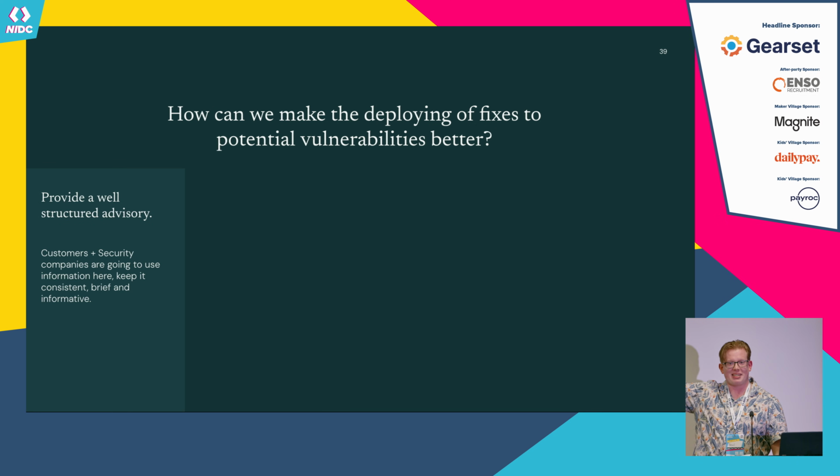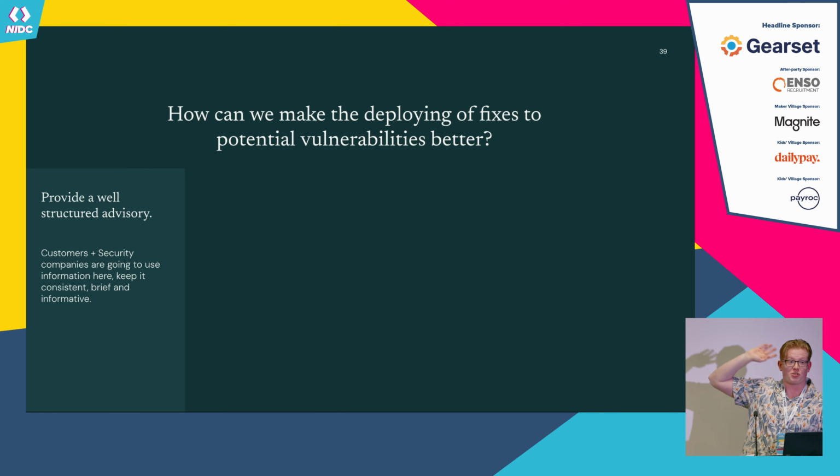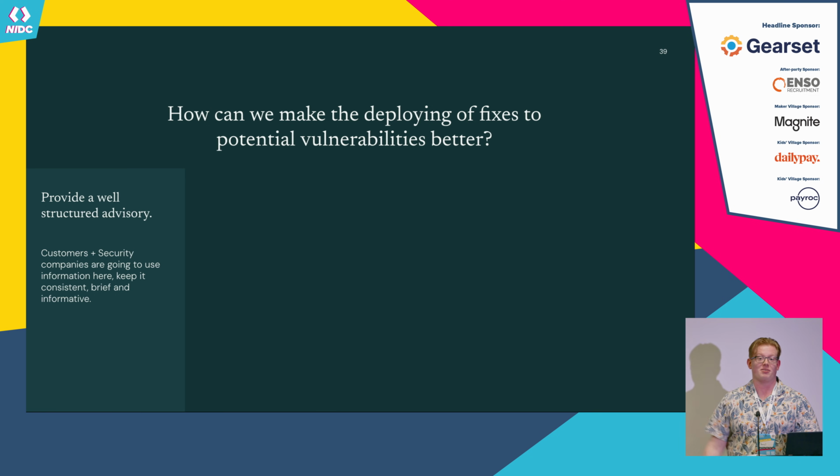And then finally, how can we make the deploying of these fixes better? Please, please, please, from a man who worked in vulnerability automation for a long time, provide a well-structured advisory. If you're looking through 50 different vulnerabilities in a single vendor's products, you will probably see 30 different formats for how they decide to tell you that you're vulnerable. No consistency whatsoever. It slows everything down from your customer perspective.